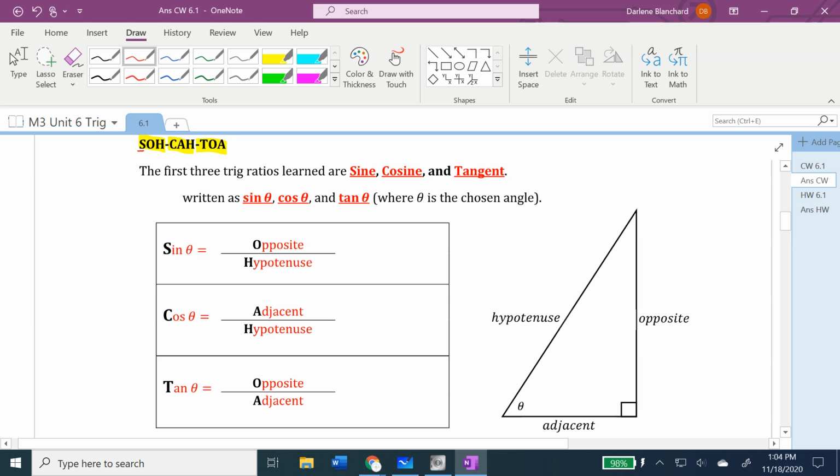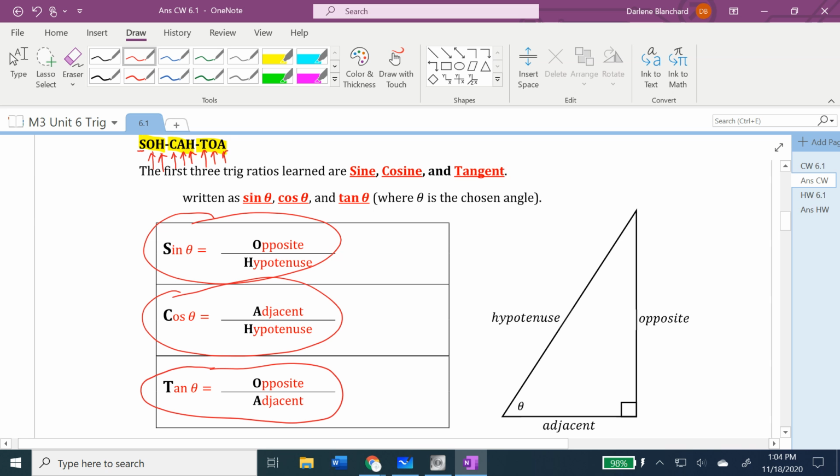The SO says sine is opposite over hypotenuse. CAH says cosine is adjacent over hypotenuse. TOA says tangent is opposite over adjacent. And know that you're not allowed to write the three letters without an angle variable or an angle number written right after it.